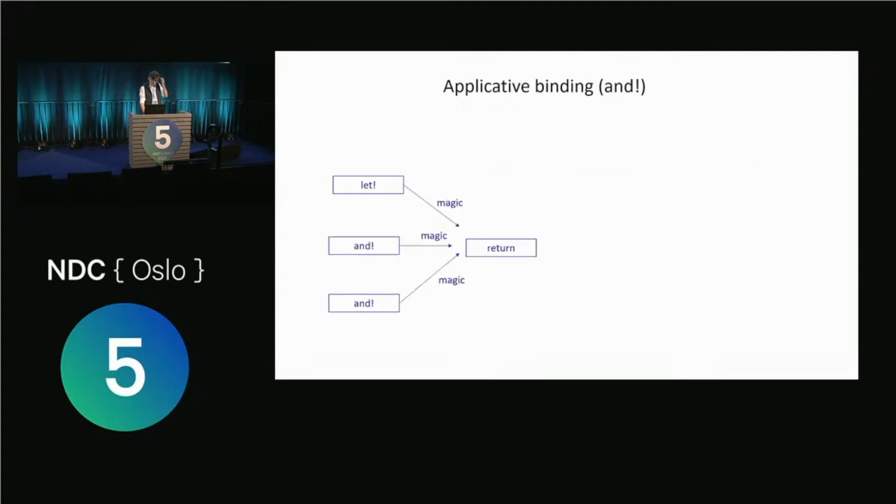But what it can't do is what's called applicative binding, or this simultaneous, parallel kind of binding, where you kick off a whole bunch of things, and I use the term very, very loosely, in parallel. It doesn't necessarily mean there's actually parallelism. These things all kick off together, and then some magic happens to combine them together, and then they return.